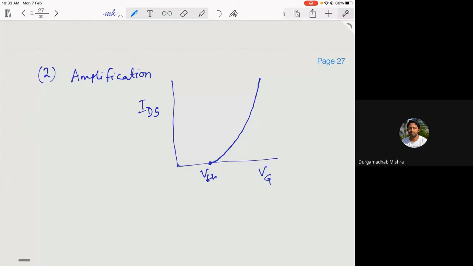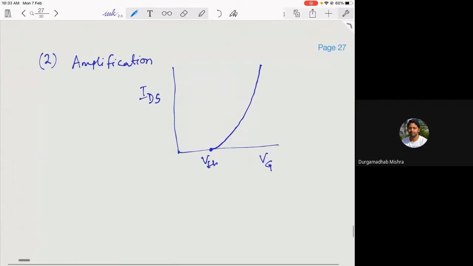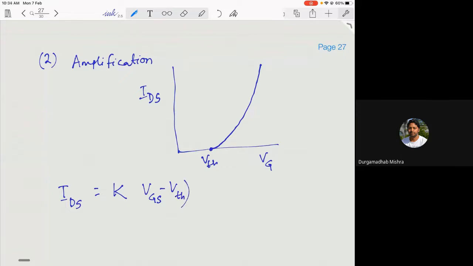Now let's look at what the role of the material is here. To understand that, I will just write down the relation for the drain saturation current IDS, and normally the behavior you can write as K times VGS minus VTH squared.